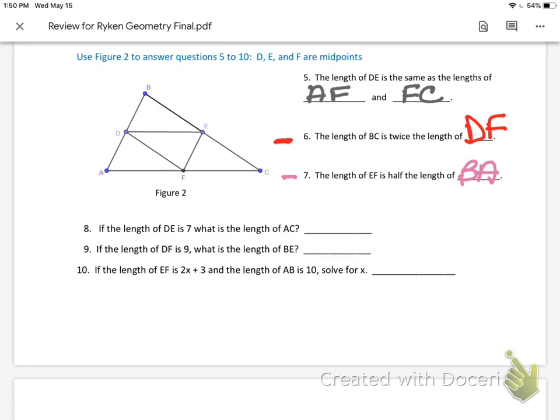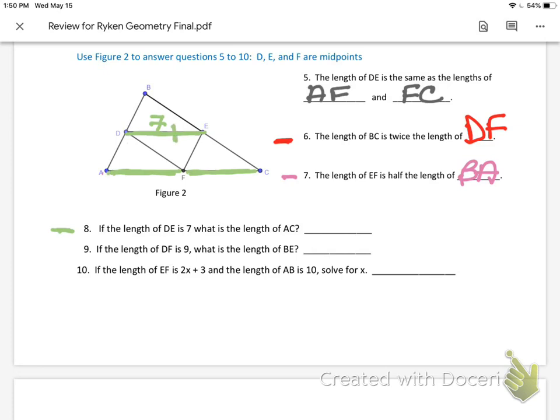Okay, and for this question, it's saying if the length of DE is 7. So here's DE. So if this is 7, then what's the length of AC? Well, here is AC. AC is going to be twice as long, because remember the hash marks we had before?